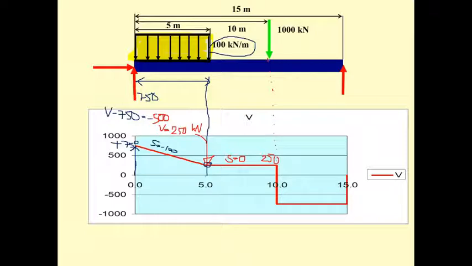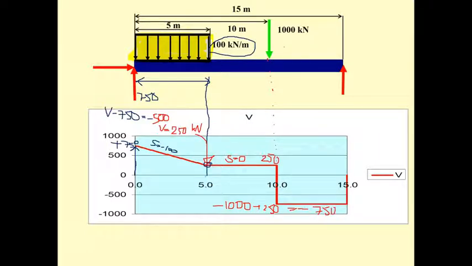And then we arrive at a 1000. This 1000 is downward, so it's going to be minus 1000 plus 250, which equals minus 750.